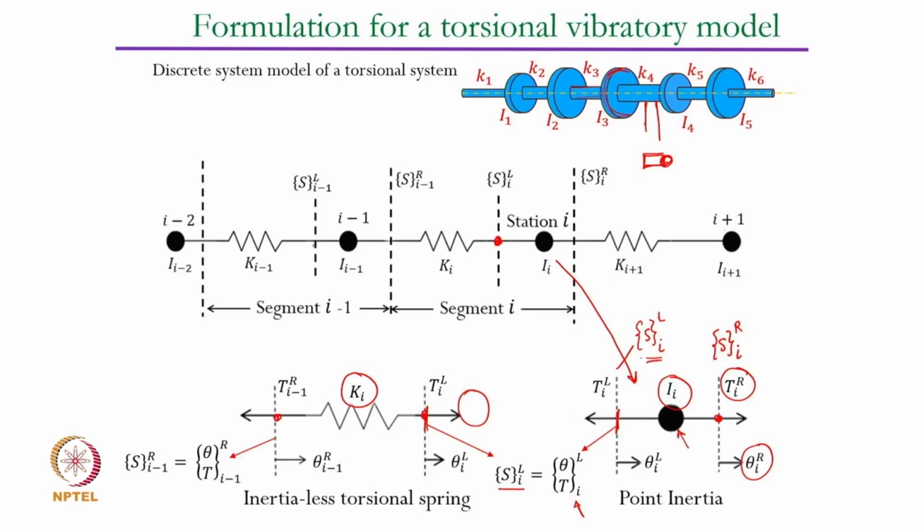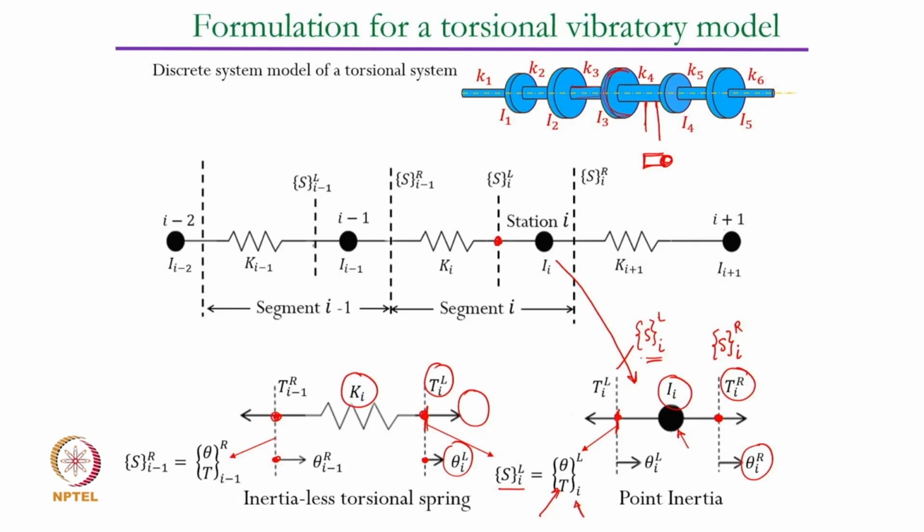There are the torques which act on both sides of the inertia element, and of course on the two ends of the spring element. Similarly, there is a twist at this location, and there is a twist here, theta r I minus 1, and together the torque and the twist, these two state variables, define the state vector. That is a very simple and straightforward process here.